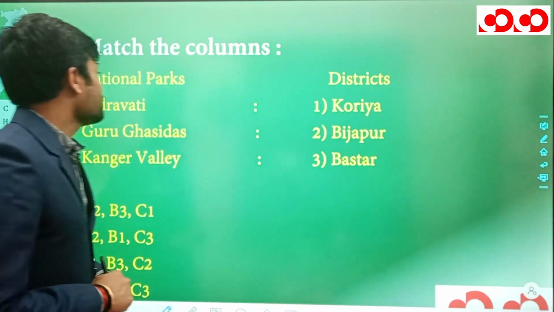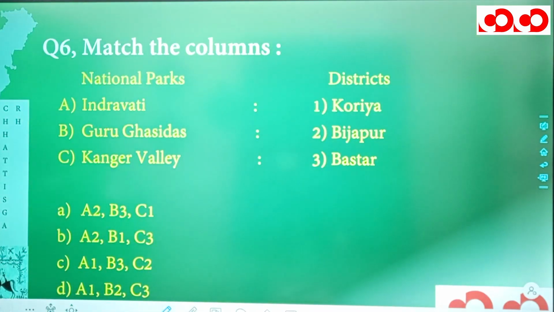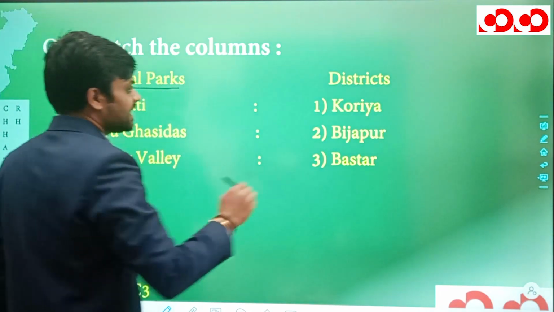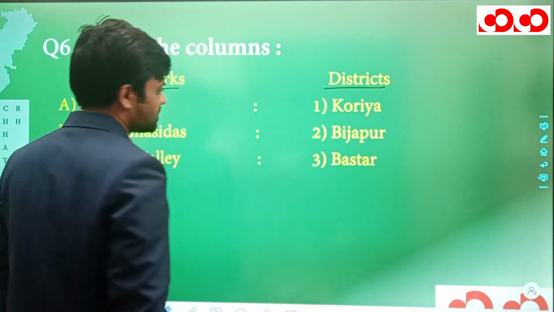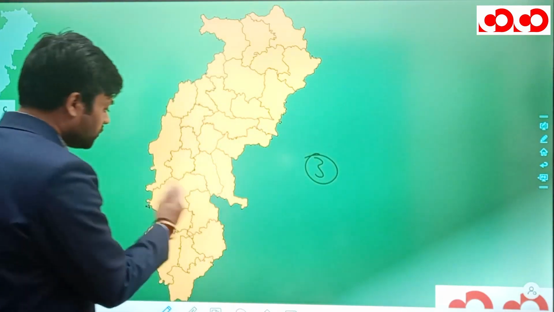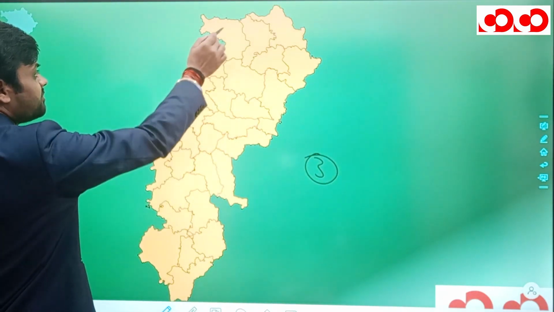Next we have our sixth question, and in the sixth question once again we have to match the columns, wherein in one column we have national parks and in the second column we have districts. So talking about the national parks, we have 3 national parks in Chhattisgarh, 2 in Bastar division and 1 in Sarguja division.